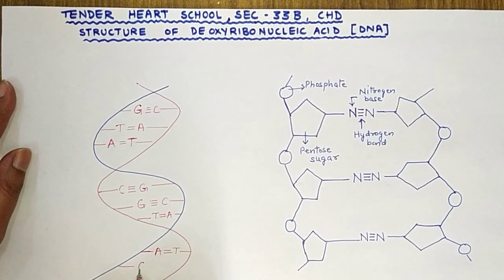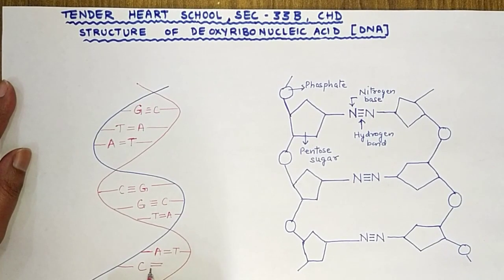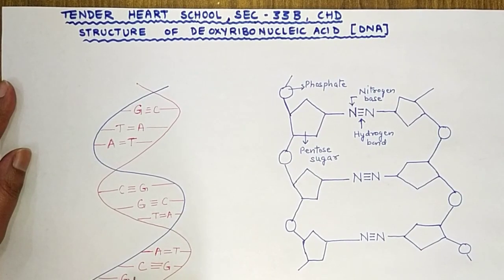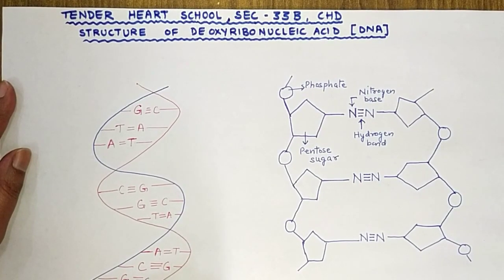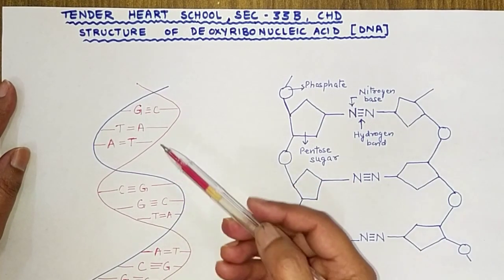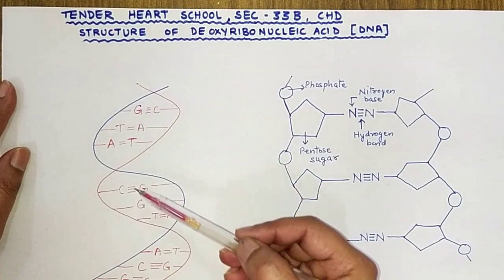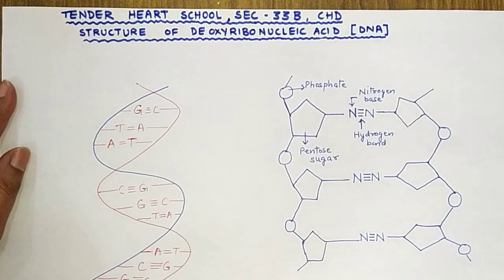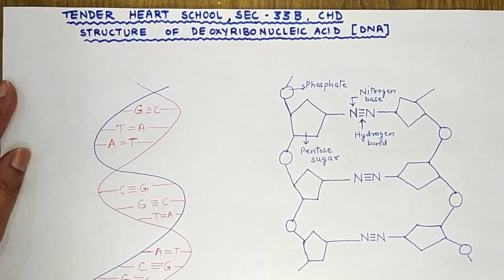If we have cytosine here, it will make pair with guanine. If we have guanine, it will make pair with cytosine. So on. So this is a double helix structure of DNA, and this is how the four nitrogen bases are present inside and joining the two strands of DNA.